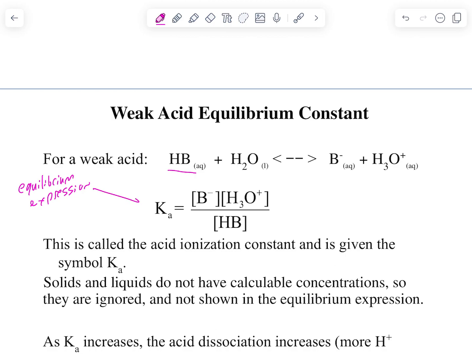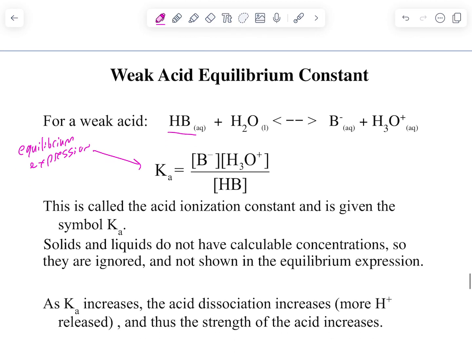And the equilibrium expression is set up to be the products over the reactants. And that is why B minus and hydronium are in the numerator, and HB, which is our weak acid, is in the denominator.